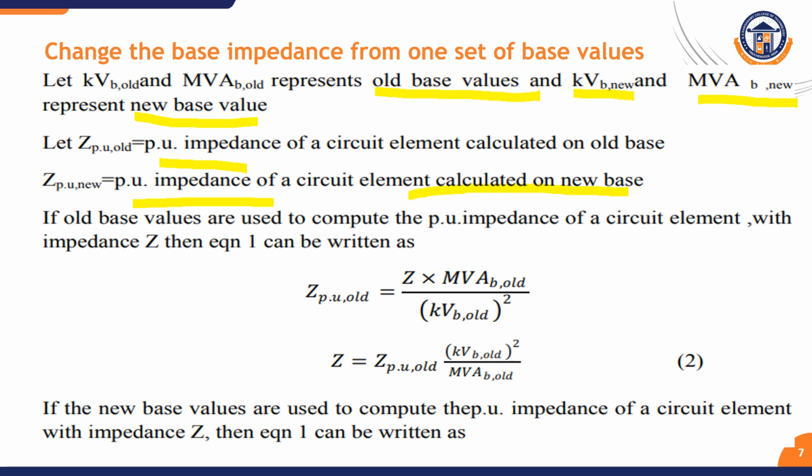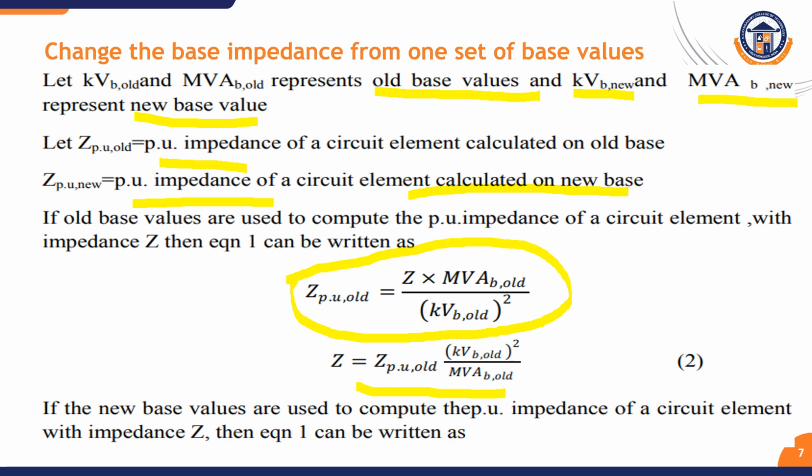If old base values are used to compute the per unit impedance of a circuit element with impedance Z, then equation 1 can be written as: Z per unit old is equal to Z into MVAB old by KVB old squared. From that, Z is equal to Z per unit old into KVB old squared by MVAB old, with MVAB old shifted to the left hand side.